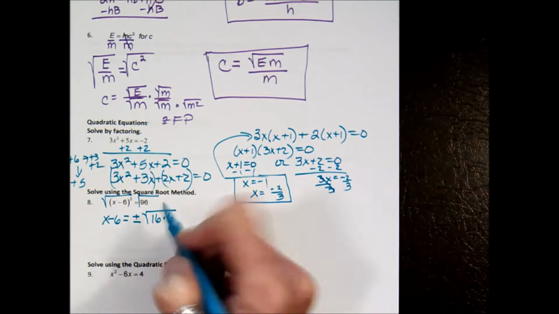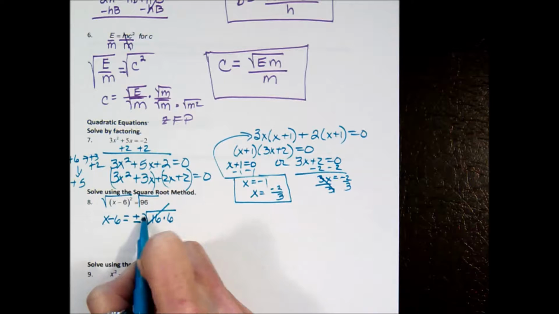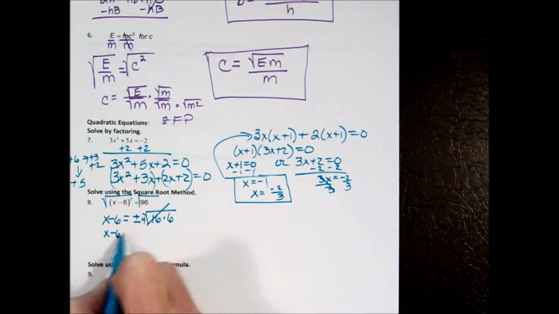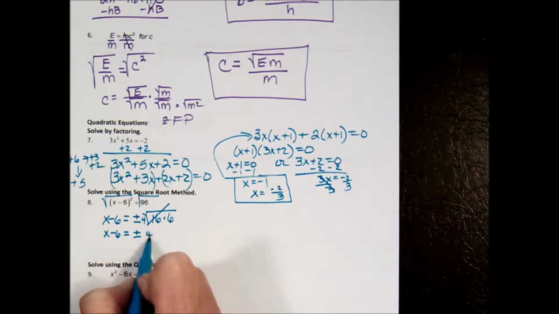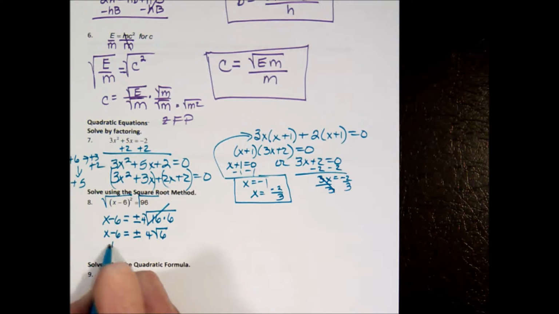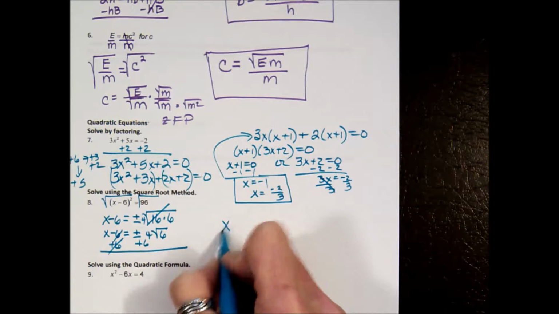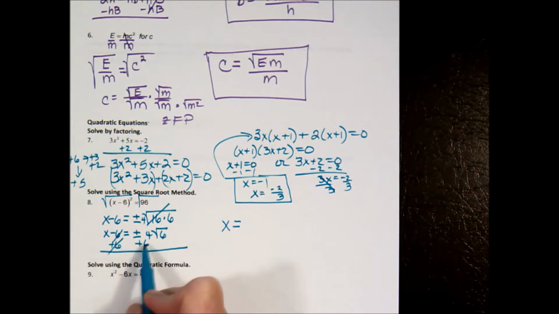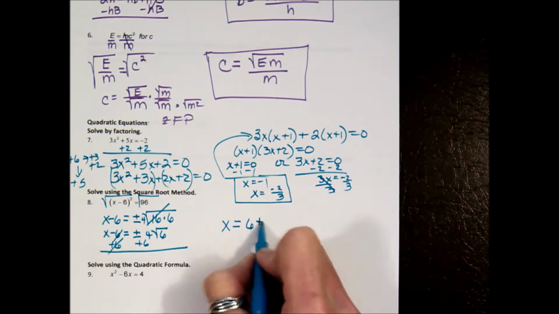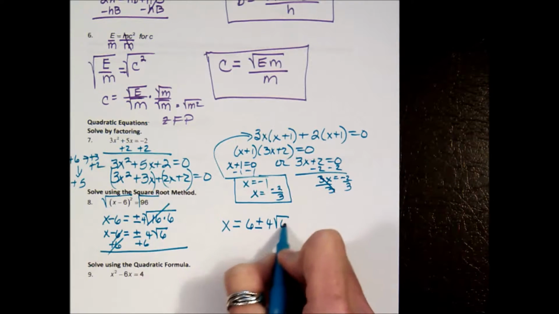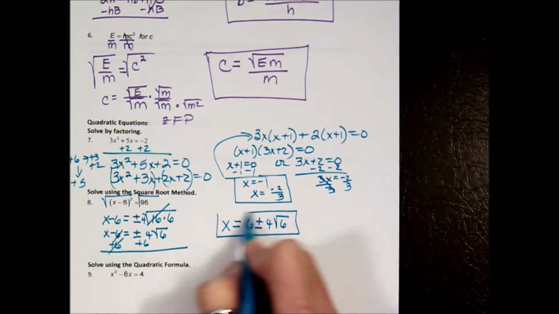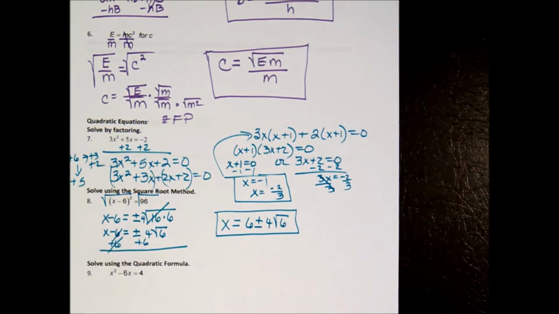So now I can pull this out, and I get x minus 6 equals plus or minus 4 radical 6. Now I just add a 6 to both sides, being very, very careful not to combine unlike terms. These are not alike. So it's just 6 plus or minus 4 radical 6. Don't forget your plus or minus.